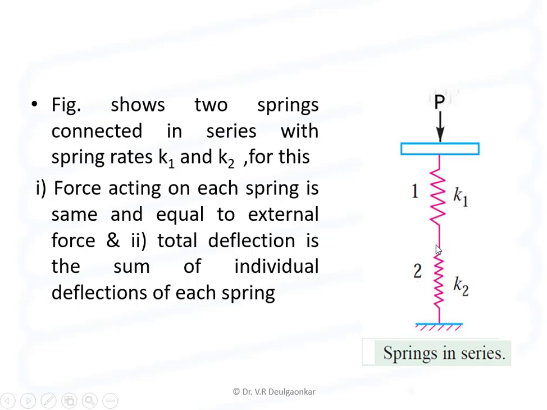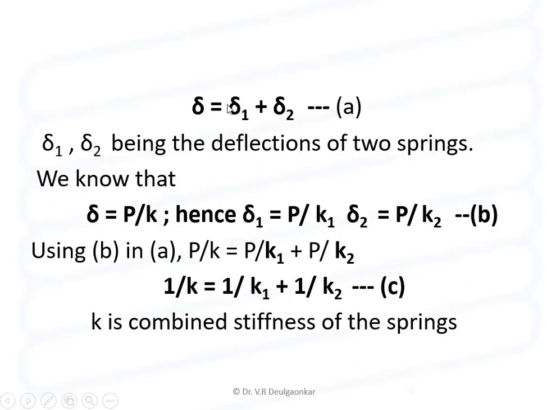So total deflection is delta equals delta 1 plus delta 2, where delta 1 and delta 2 are the deflections of the two springs. We know that delta is nothing but P by K. Hence, delta 1 equals P by K1 and delta 2 equals P by K2.